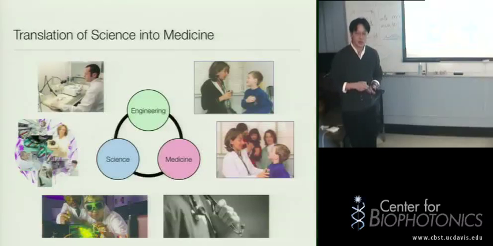Okay, but the way to do it typically is through the development of biotechnology, and this is the domain of engineers. Okay, so it's the engineers who will take some new discovery about science, come up with some interesting or cool gadget that can be utilized in medicine to either perform advanced diagnostics or perform some kind of new therapy. And in the context of cancer, all of these elements are important.